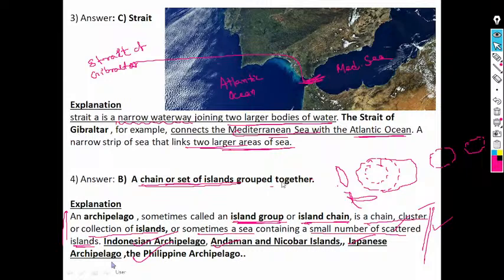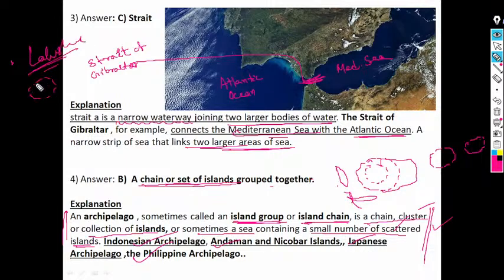Next, if we say Andaman and Nicobar, it is part of that. It is considered your Lakshadweep group of islands.